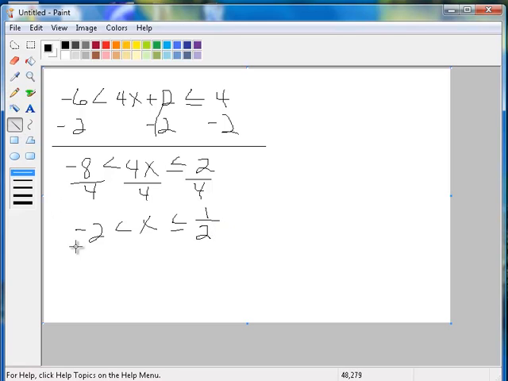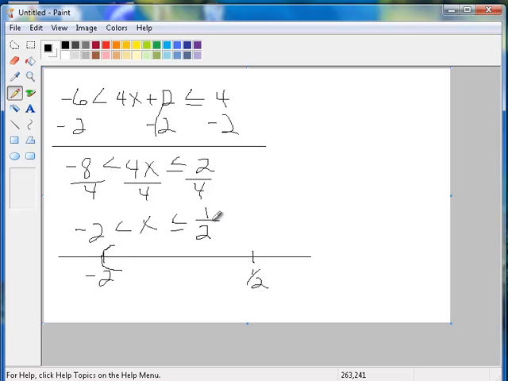Now we're going to put this on the number line. So we're going to need negative 2 and a positive 1/2. Now the negative 2 is not included. It's not or equal to, so there's going to be a parentheses there. But the 1/2 is included, or equal to.